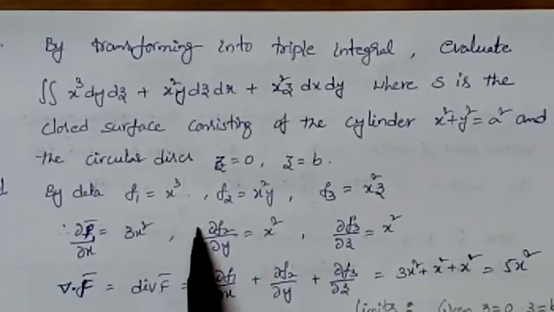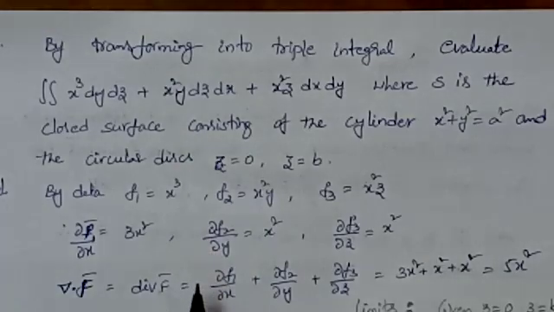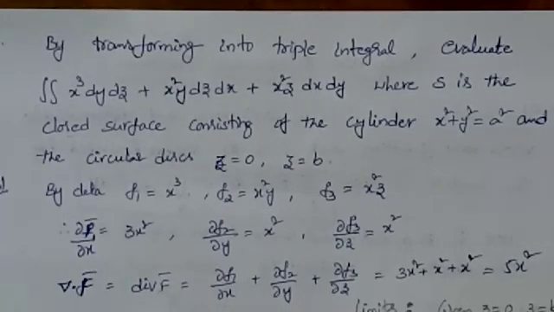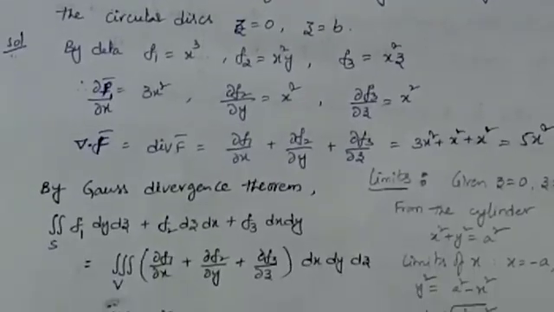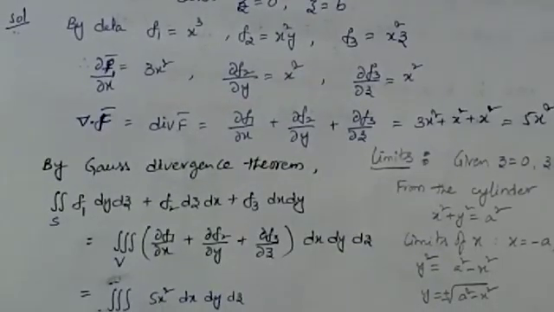Now to find the volume integral, you know what the Gauss divergence theorem is. The integral over S of f1 dy dz plus f2 dz dx plus f3 dx dy is equal to the volume integral of dou f1 by dou x plus dou f2 by dou y plus dou f3 by dou z, into dx dy dz.